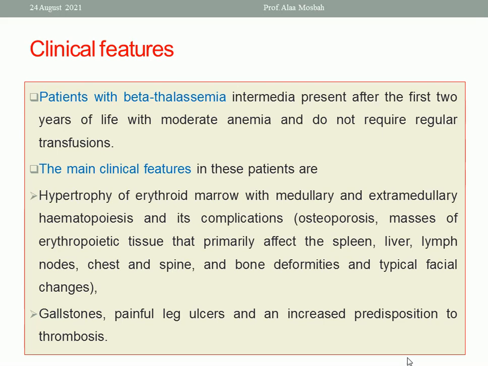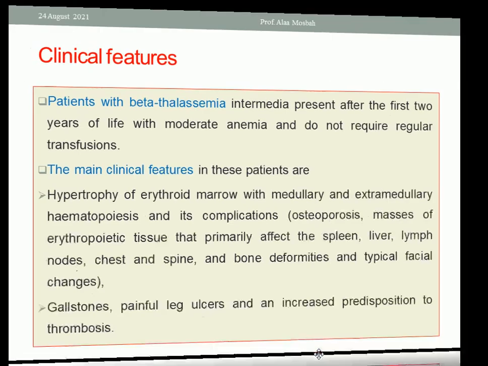What are the complications? Osteoporosis, masses of erythropoietic tissue that primarily affect the spleen, liver, lymph nodes, chest, and spine, and the bone deformities and the typical facial changes. Also, there may be gallstones, painful leg ulcers, and an increased predisposition to thrombosis.